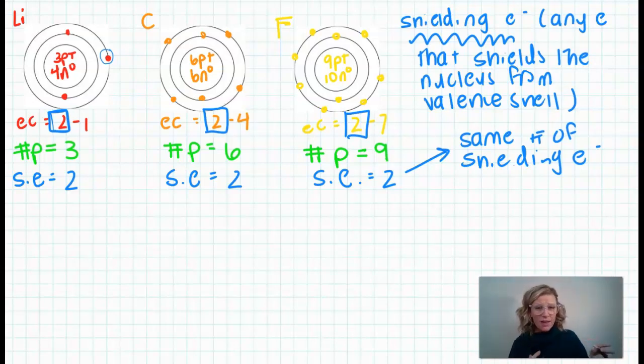We have these positive particles in our nucleus, the protons, and existing in electron clouds around those, we have the negative electrons. Keep in mind that the positive charge of the nucleus, that nuclear charge, is what's really holding atoms together.